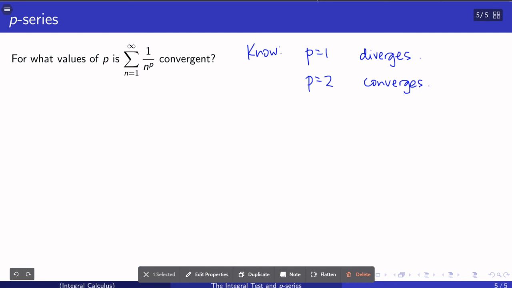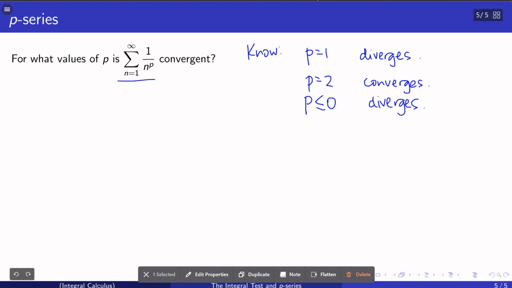In fact, by the test for divergence, if p is not positive, it's also going to diverge. Right? For instance, if you have like 1 over n to the minus 3, then that's just n cubed, which goes to infinity. So for these values of p, it diverges.